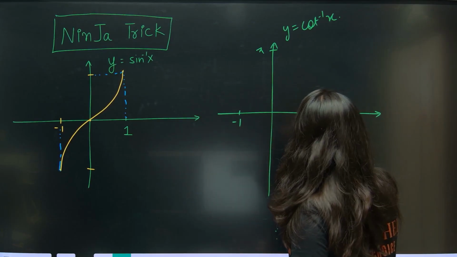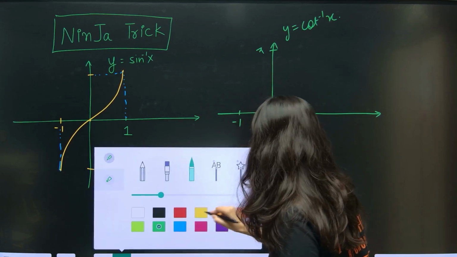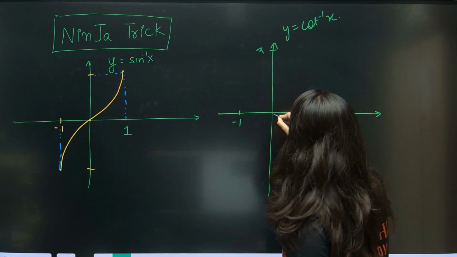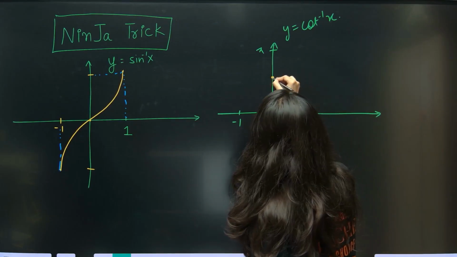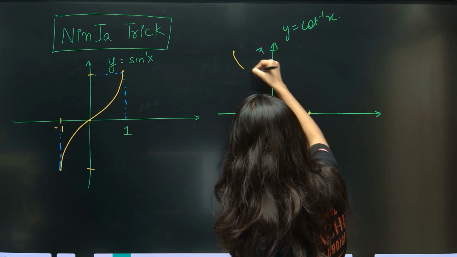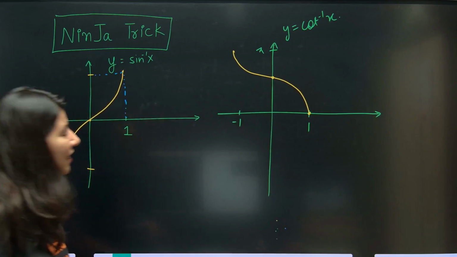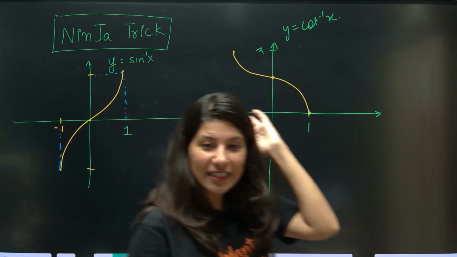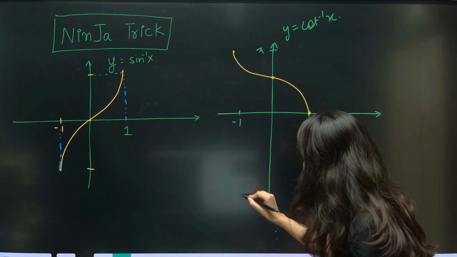So this is the point 1, 0. Then cos inverse 0: cos theta is 0 at pi by 2. So this is the graph. And cos inverse minus 1. Can you see this is the graph? I don't know how many of you studied Hindi, but this is shaped like that.